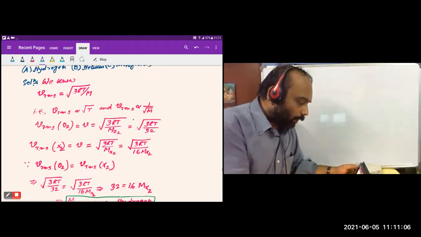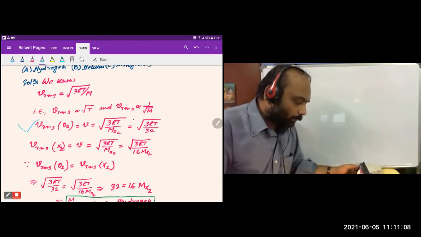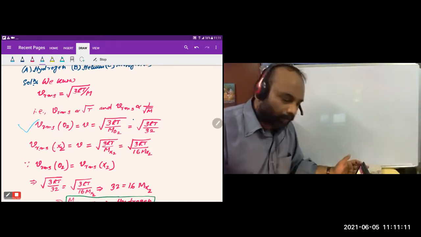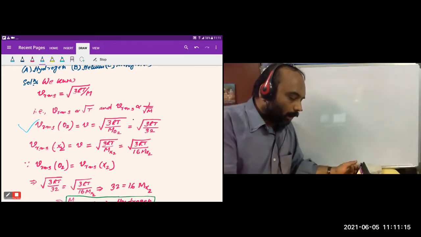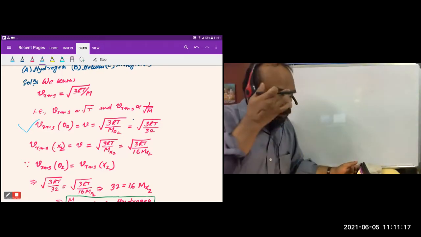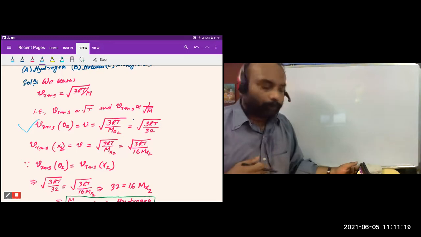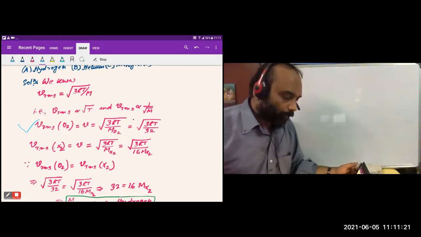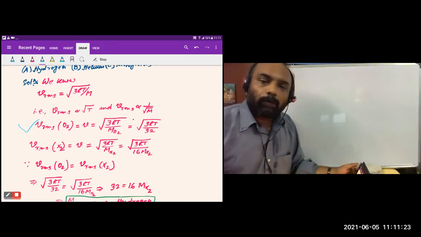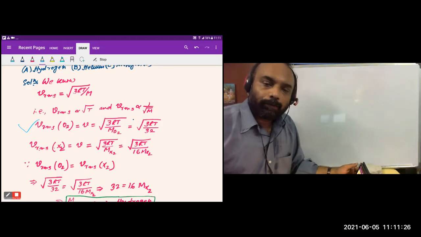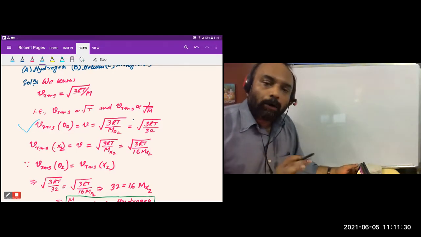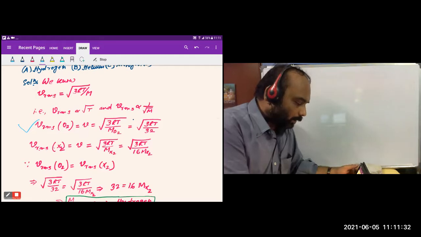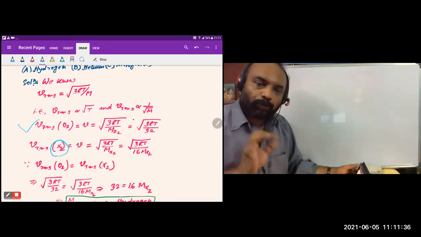So Vrms of oxygen is equal to V, which is given, equal to under root 3RT by mass of oxygen molecule. The mass of oxygen molecule is 32, we know it. And then the unknown gas is considered here as X2.